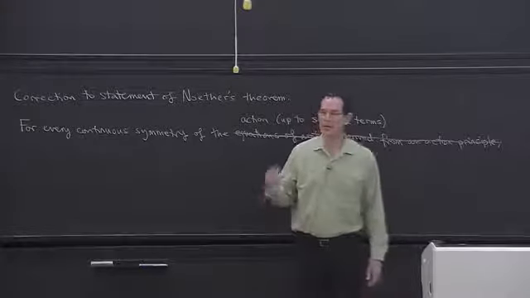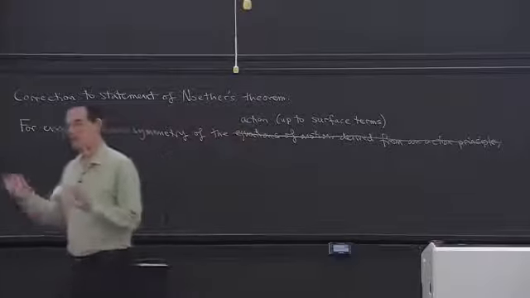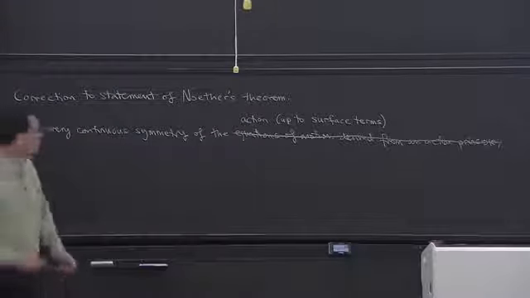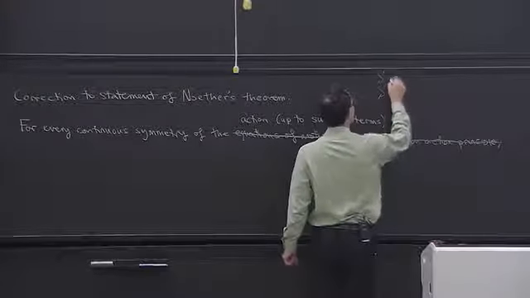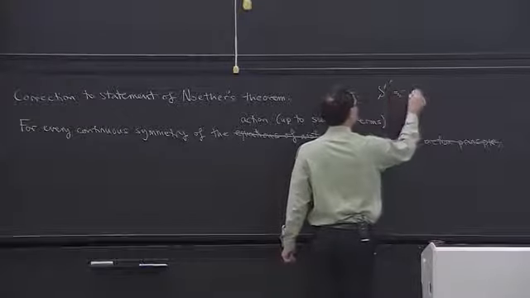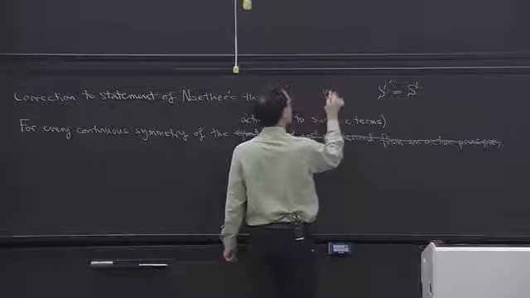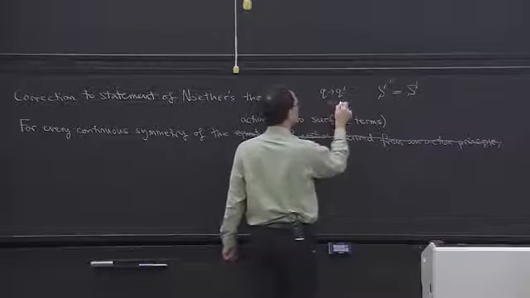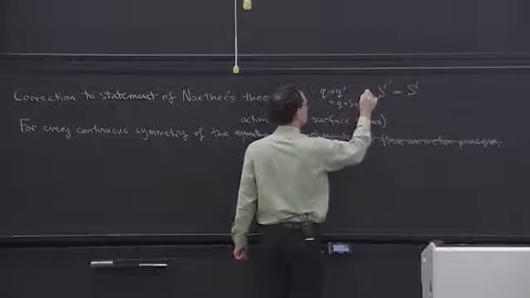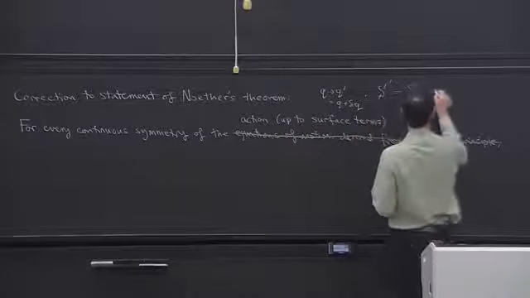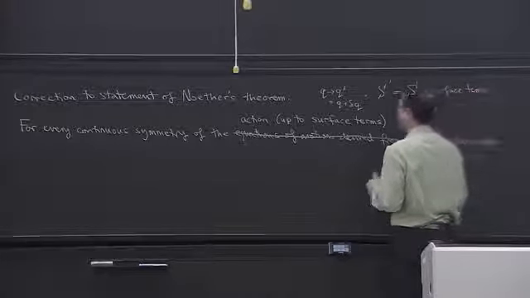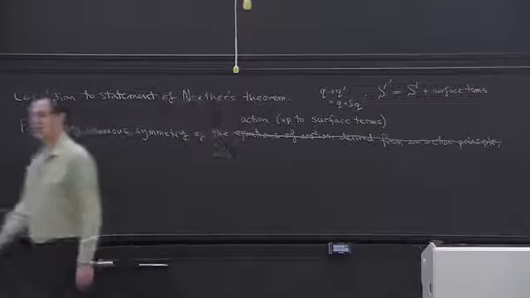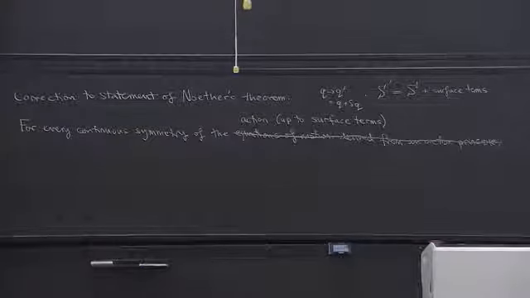And if that transformation leaves the action unchanged up to surface terms, in other words, if S' equals S plus surface terms under the transformation q to q', which is q plus delta q, then it follows that the equations of motion for q imply the equations of motion for q'.